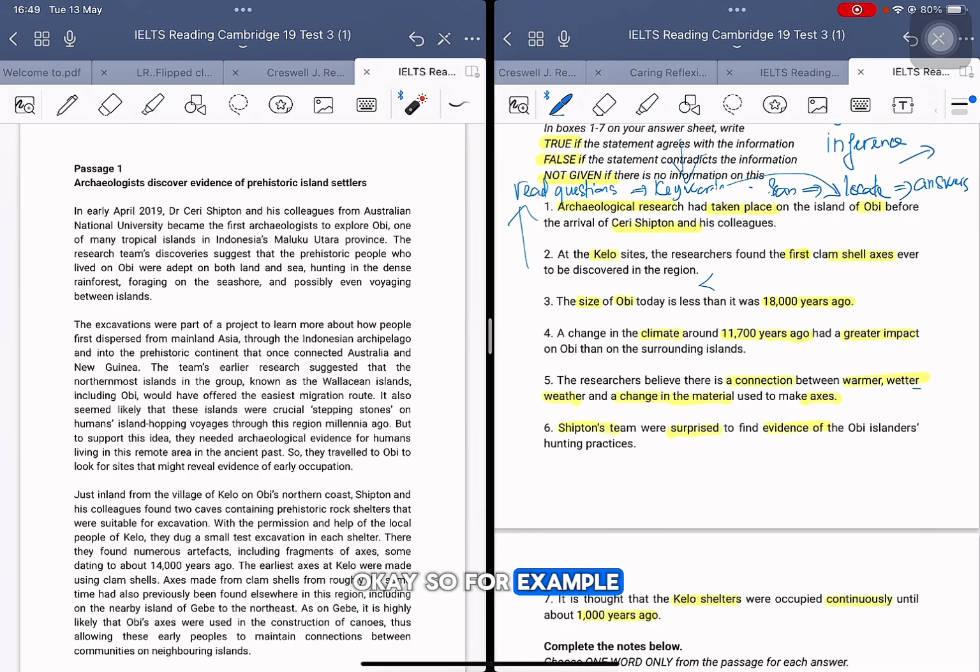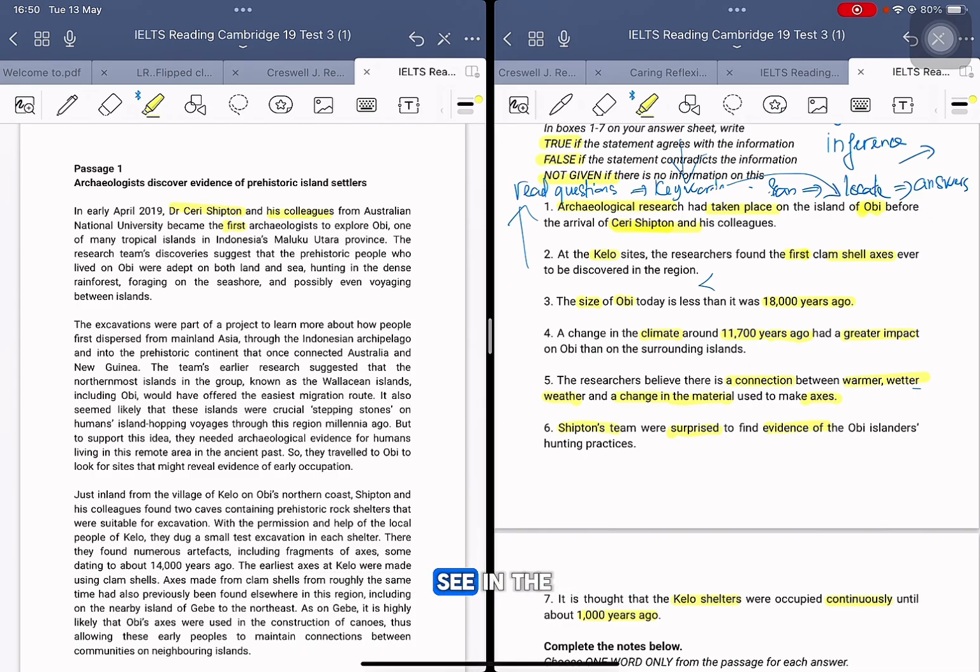For example, now we have keywords here, Surrey, Shipton, and let me find where they are. Here we go. It's a name, and his college as well. Keep reading here. They're the first archaeologists to explore the island, right?